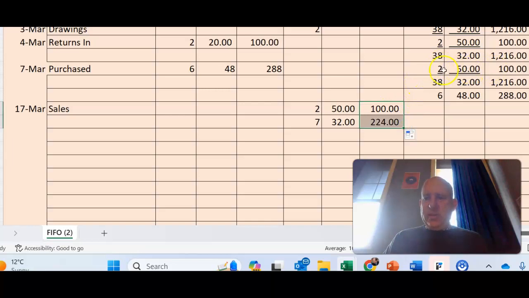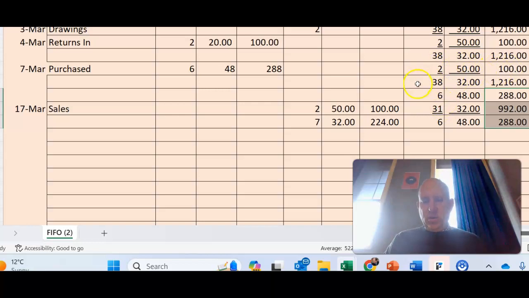So this wipes us out of those $50 ones, and we've just sold 7 of those. So now we've got 31 at the $32 price, and we've still got 6 at the $48 price. Do you get that? So we sold the older stock first, so we sold the 2, and then we sell the next older stock, 7 out of there to make up to the 9.